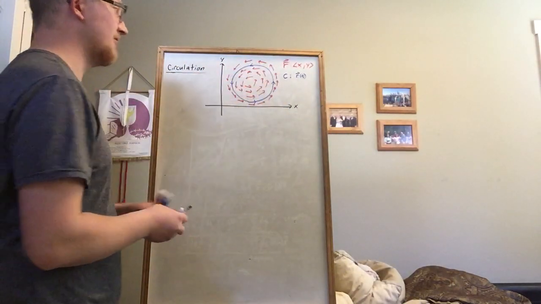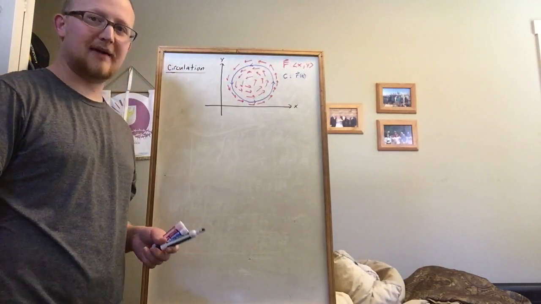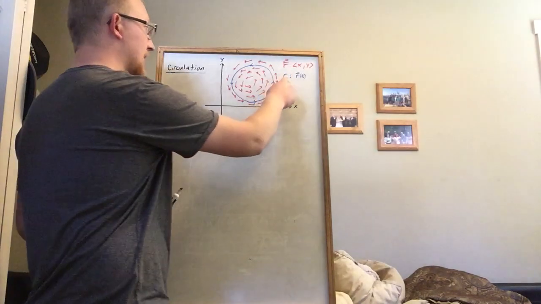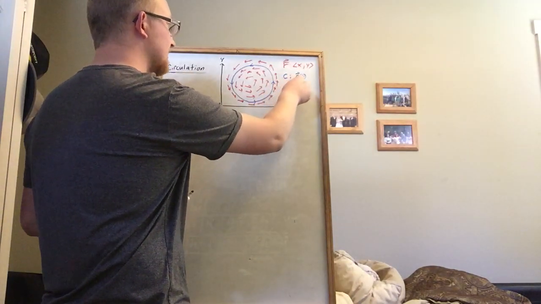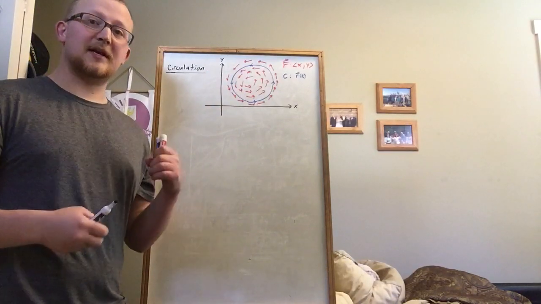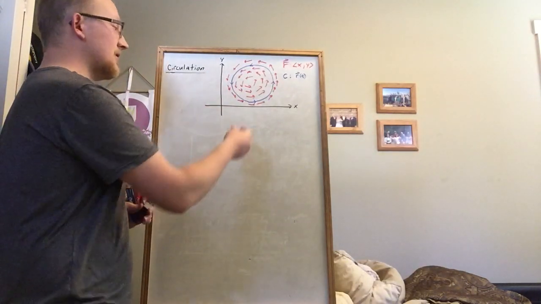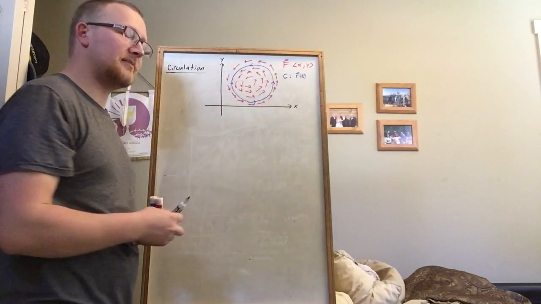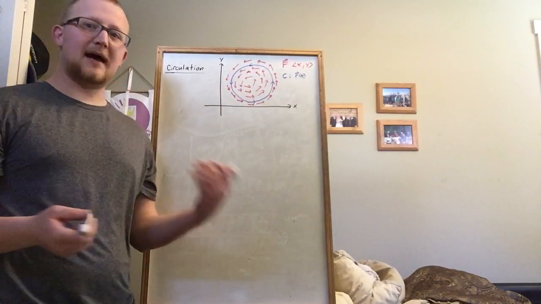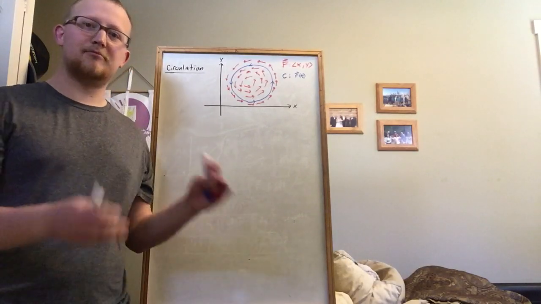Now you'll notice that my vector field that I've drawn here is in the direction of the motion of travel of my parameterized curve C, which is also r of t. When the vector field is helping you, that's going to be positive circulation. If you could imagine these arrows all being flipped to oppose the direction, that would be a negative circulation. Most curves are going to have some of both.